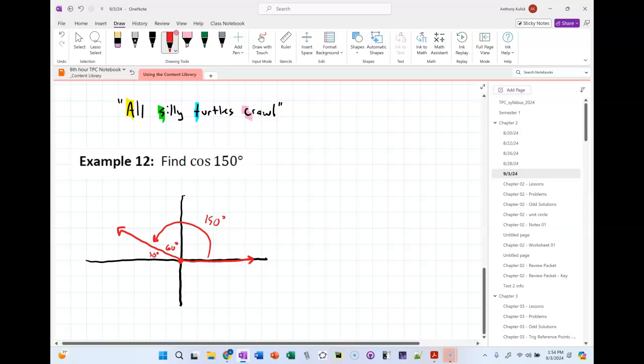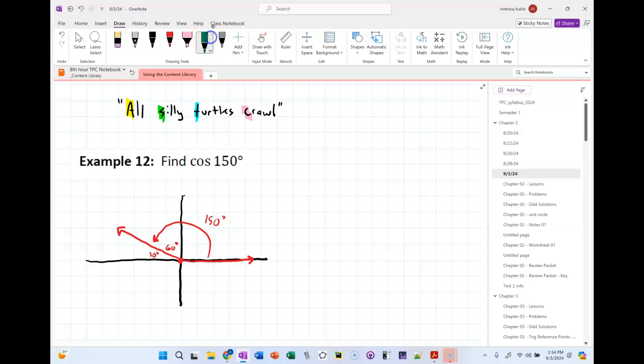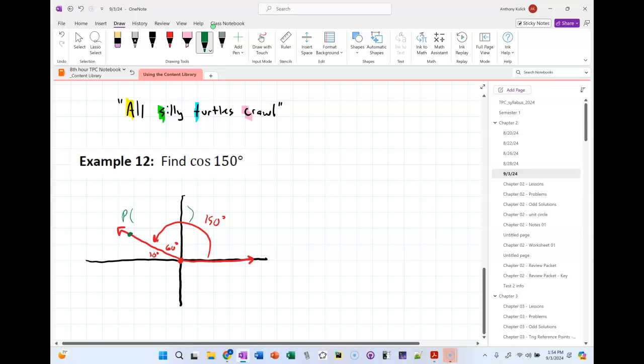It's got to be 30 degrees, right? Is everybody clear as to why that has to be 30 degrees? Okay. I'm going to pick some point P on that terminal side, and I'm going to draw myself a right triangle.